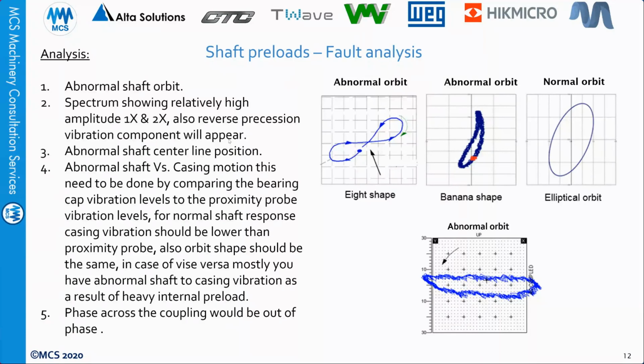In case of the opposite, if you have preload, mostly you will have abnormal shaft to casing vibration as a result of heavy internal preload. In this situation, you might see that the casing vibration level is higher than the proximity probe levels. I will show you why, because we have a case study about this. Phase across the coupling would be out of phase, so you need to look at the phase across the coupling.